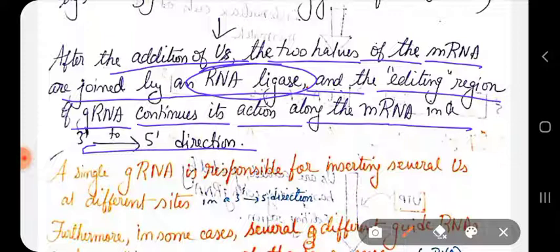It will now move to the next site where it has to be edited in a 3' to 5' manner, not 5' to 3'. So it is moving from 3' to 5'.